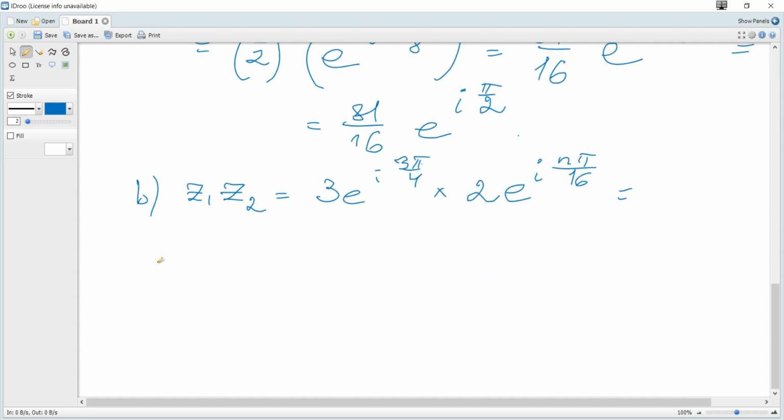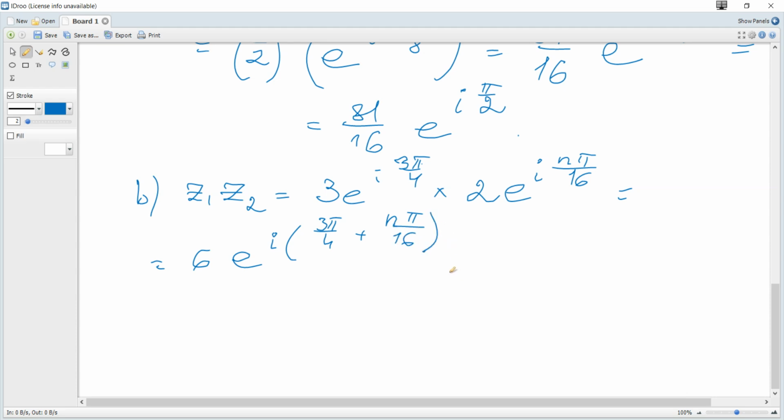Let's simplify, so it becomes 6 and e to the power of, it's just the sum, because it looks like 2 to the power 5 multiplied by 2 to the power 3, it's 2 to the power of 5 plus 3, absolutely the same. So it becomes 6 times e to the power of i 3 pi over 4 plus n pi over 16.